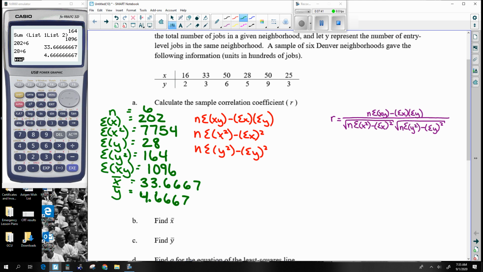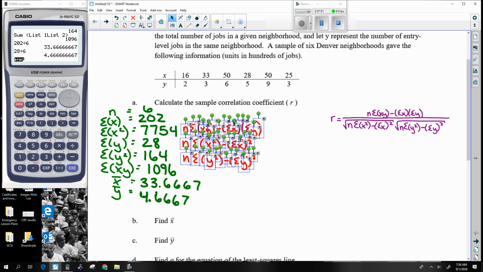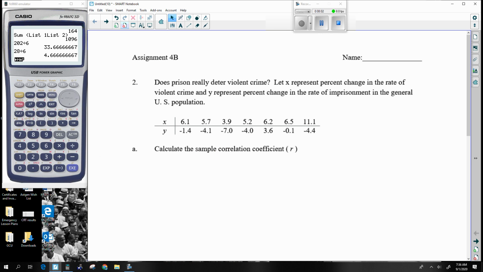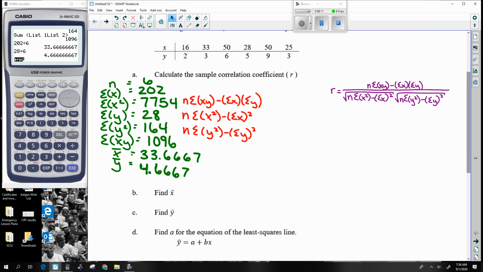Okay, now, why did I create the Christmas tree? Well, it makes these mini formulas in the middle a lot easier. For instance, when I do this top formula, I don't have to sum anything.